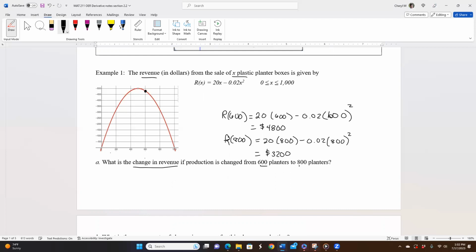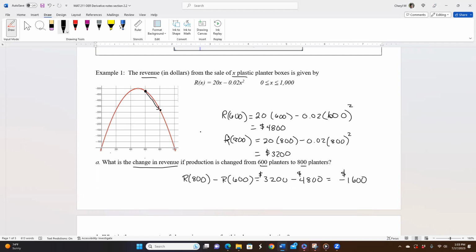But if we're going from 600 to 800, here's 800 right here, what's happening to that change in revenue? It's decreasing. So we're going to take R of 800, the revenue from 800 planters, and subtract the revenue from 600 planters. So in this case, that'll be 3,200 minus 4,800, which is going to give us a negative value, a negative 1,600. Now that's what it looks like here.